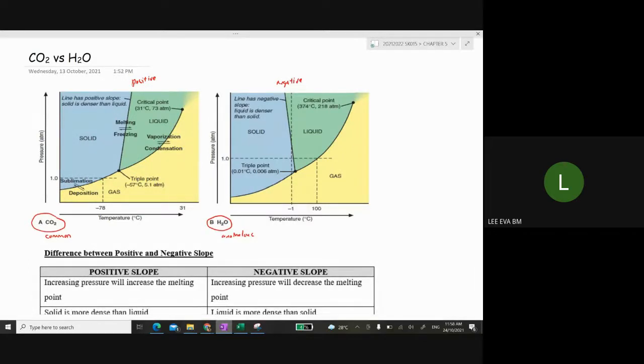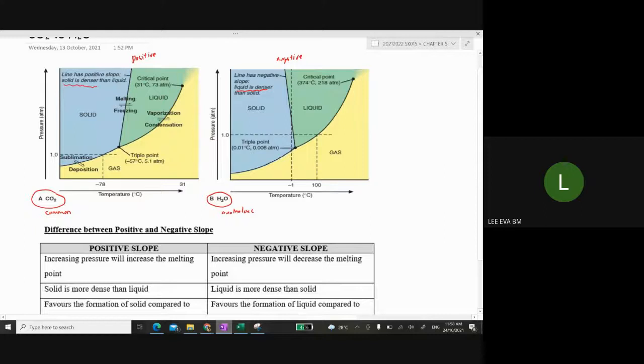And then the summary also returns over there. If you refer to CO2, because the solid is denser, it will prefer a smaller volume, higher density of the solid carbon dioxide. But compared to H2O, the liquid H2O is denser, therefore it has a negative slope.